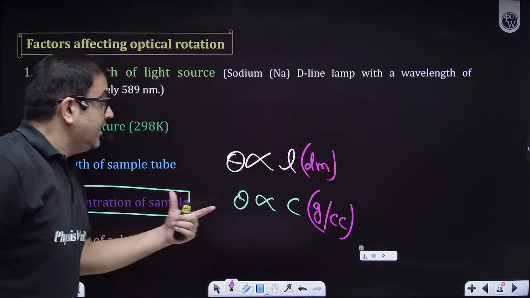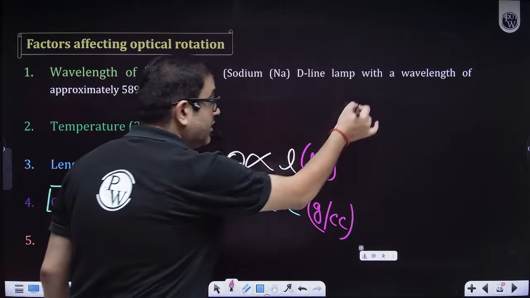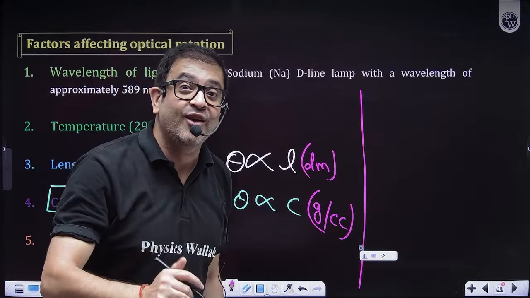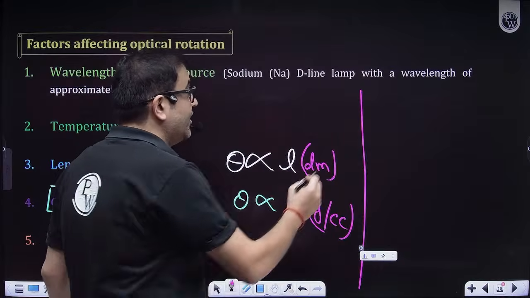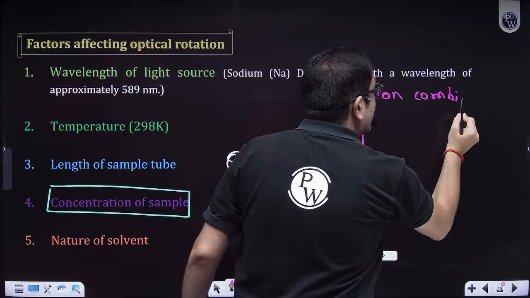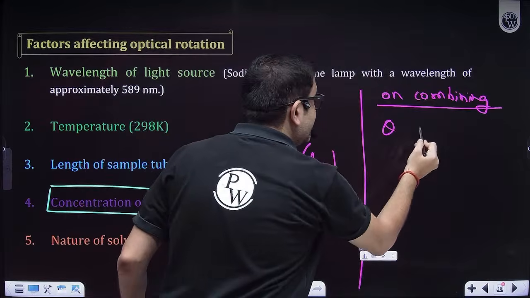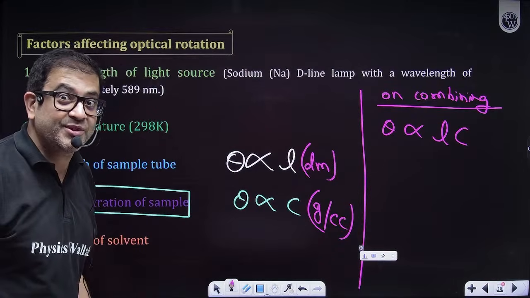Now, both are proportional. We can do it as we did for PV equal to nRT: separately do the experiment and then combine them. Therefore, on combining, I can say this theta is proportional to LC, and definitely you get a proportionality constant.